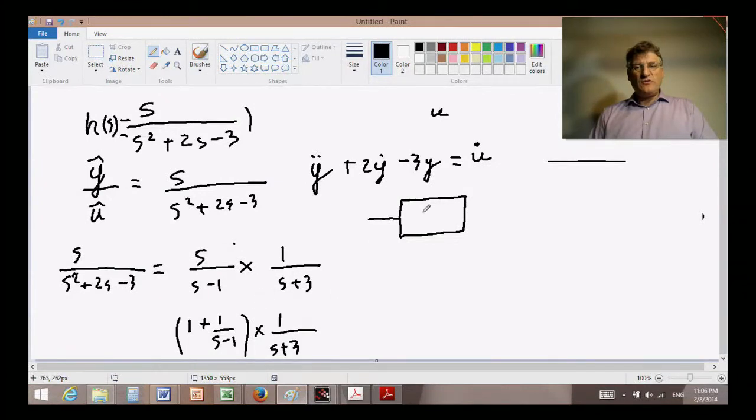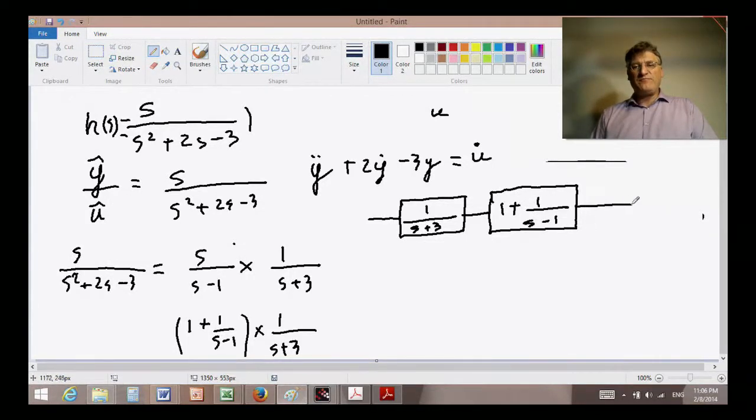By the way, since they commute, I can first begin with 1 over s plus 3 and then go on to talk about 1 plus 1 over s minus 1. U enters here, y exits there.